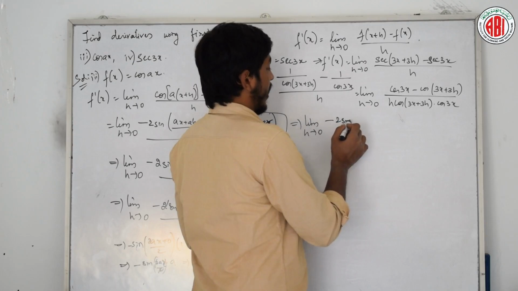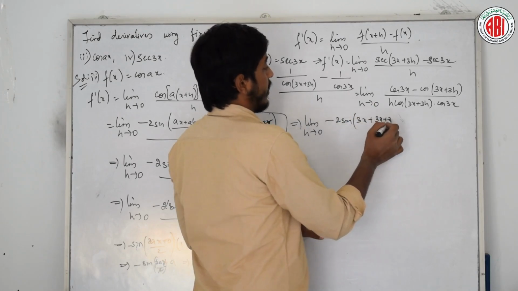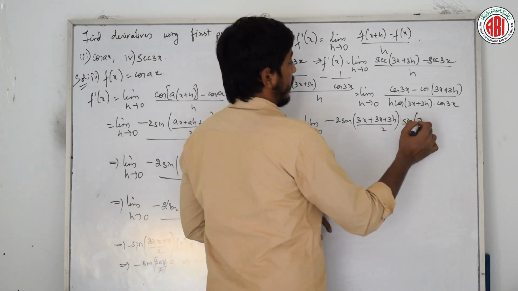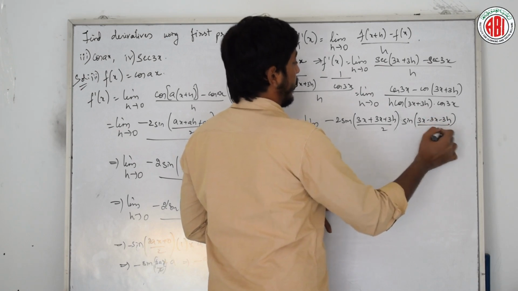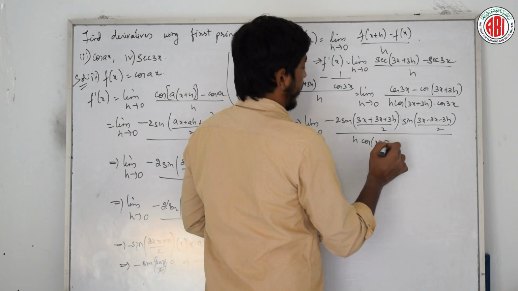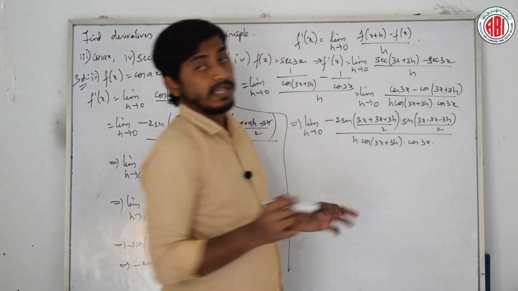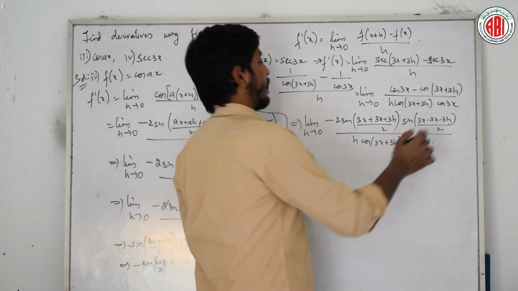Minus 2 sine of (c plus d)/2 sine of (c minus d)/2, whole divided by h cos of (3x plus 3h) into cos 3x. Is it fine? Is there any mistake in that? No, right?